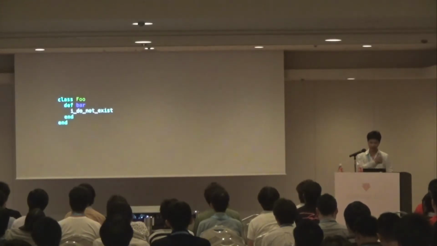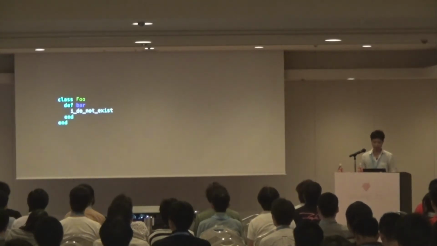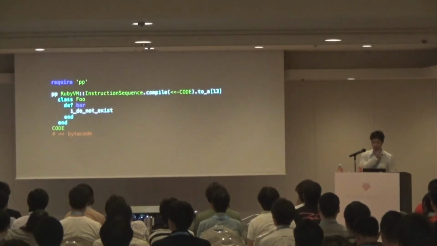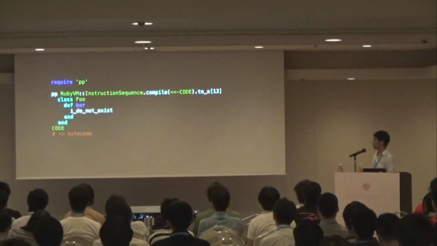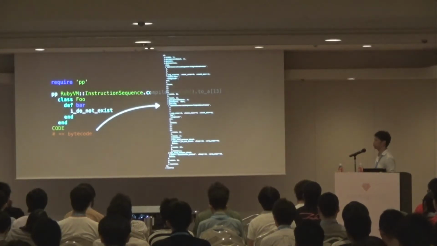So let's say you have a class Foo, bar, and I do not exist. And to be able to get bytecode, we can just wrap it with compile. And if you call to_a, this interface looks a little weird, but it gives you bytecode. And what it actually looks like is this, which is really, really complicated.